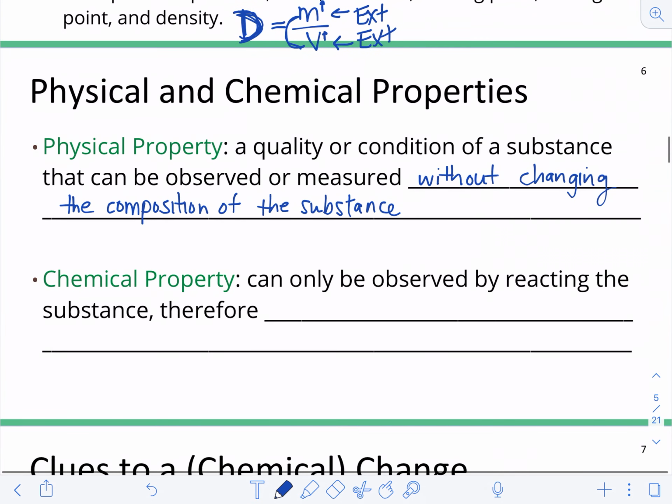What I mean by that is, it's not going to change what the substance is.